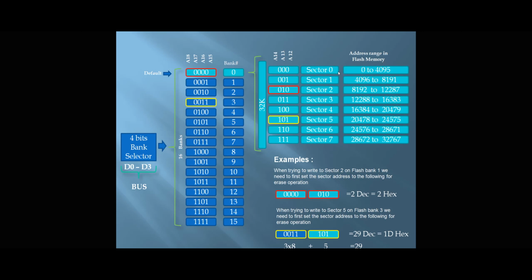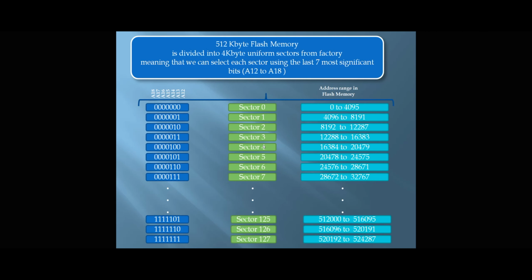And again, the chip doesn't see it as 8 sectors per bank. The flash memory actually sees all the sectors from 0 all the way up to sector 127 as sequential sectors, starting from the first address in the memory up to the last address in the memory, as you saw in the previous slide.